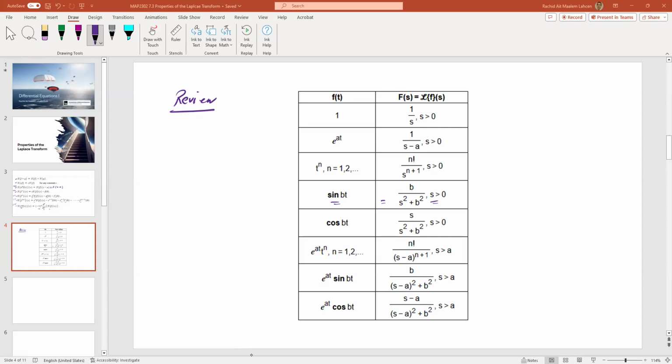So what it does is switch from the domain of t to the s domain or s plane, which means it allows us to switch between the time domain and a frequency domain.